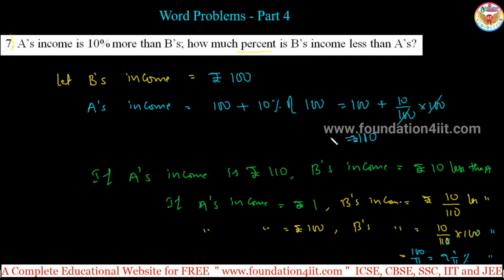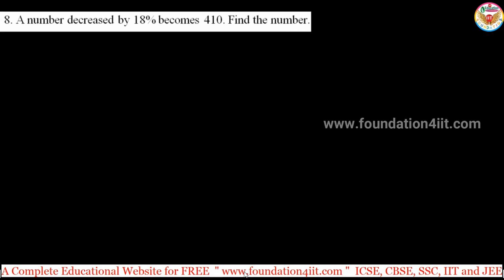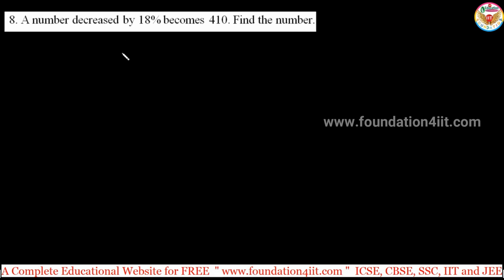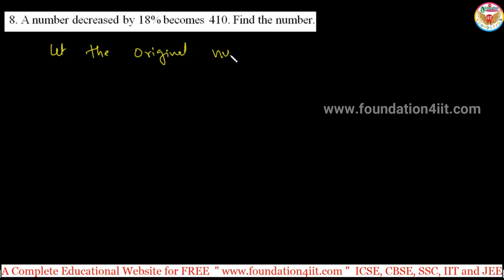Let us see some problems in the algebraic method also, then you can understand both together. Now, for example, this is a question of this type. I'll explain this problem with the algebraic method. A number decreased by 18% becomes 410. Find the number. So let us take x now. Let the original number be x.